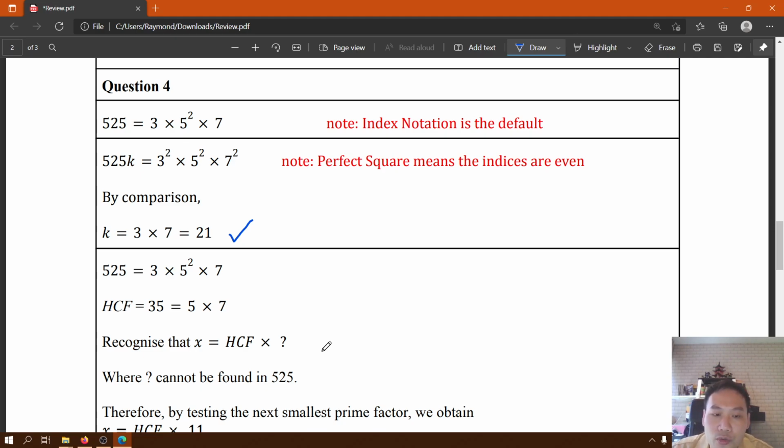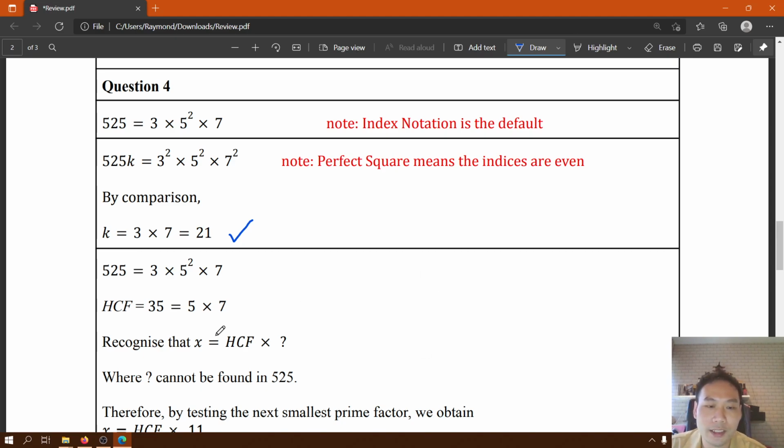And the thing that we need to consider is that this number should not be found inside 525. Because if I take the highest common factor and multiply it with another factor that is found inside 525, then the highest common factor will include this factor, right?